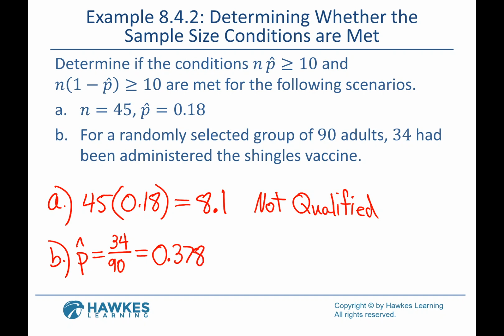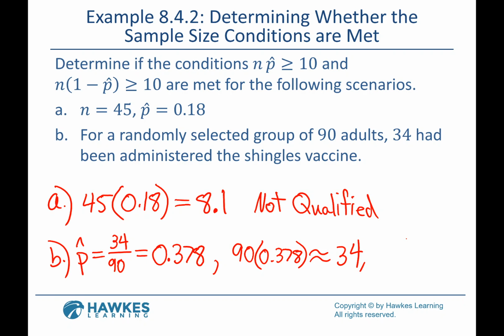So then if we do 90 times 0.378, it's about 34. So that one's big enough. And then we would need to do 90 times 1 minus 0.378.